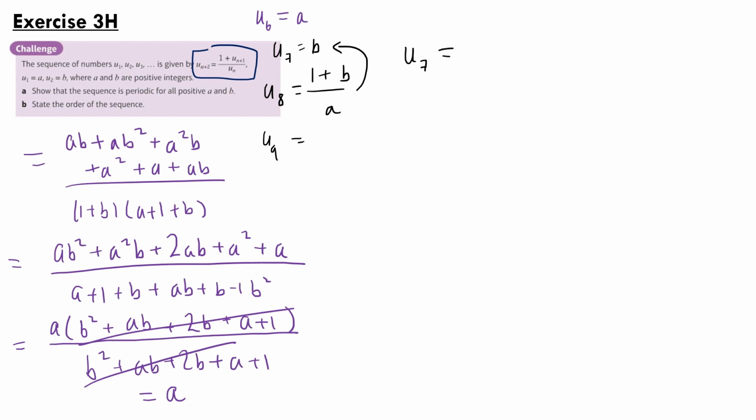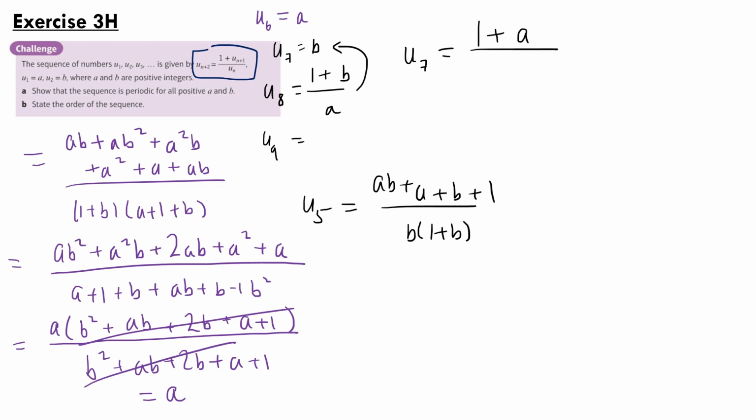So from before, we know that u5 was equal to (ab + a + b + 1)/(b(1 + b)). So if we plug that into the formula for u7, we have 1 plus u6, which is a, all over u5, which is (ab + a + b + 1)/(b(1 + b)). So again, to get rid of the fraction in the denominator, we're going to multiply top and bottom by b(1 + b).